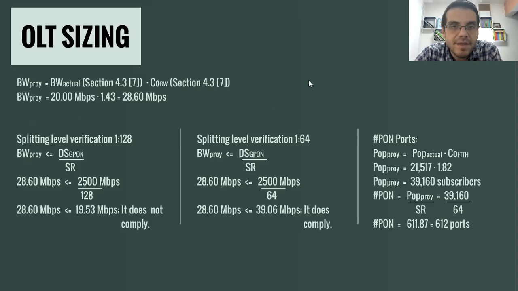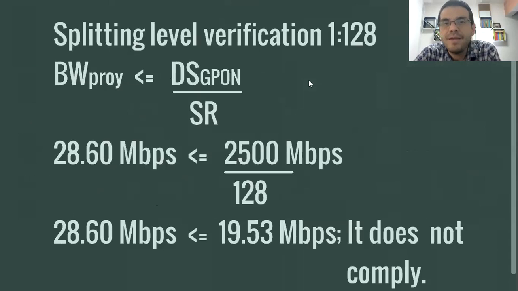As you can see here, we're going to try the splitting level of 1 to 128 subscribers. With these equations, we can see that with this splitting level, we can only provide 19.53 megabits per second for each subscriber, which does not comply because we need 28.60 megabits per second.